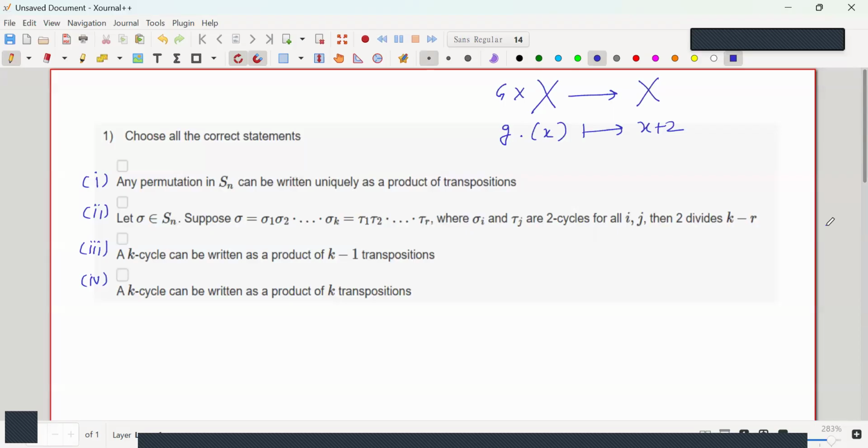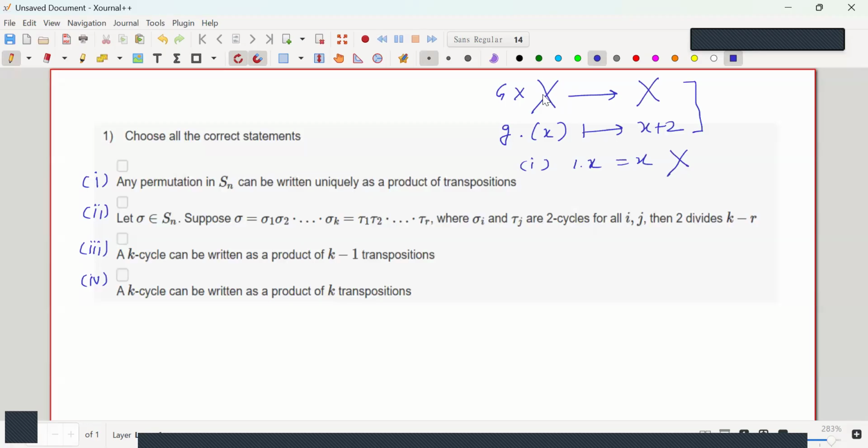So the first property is clearly violated, that it has to be x, which is not being satisfied. So here, this is not a group action, but it is still some kind of assignment to the elements of this set X, right? So it's an action, but it's not a group action.